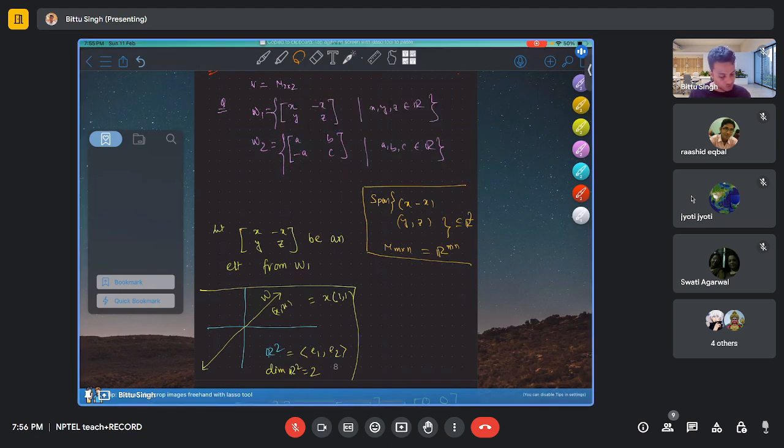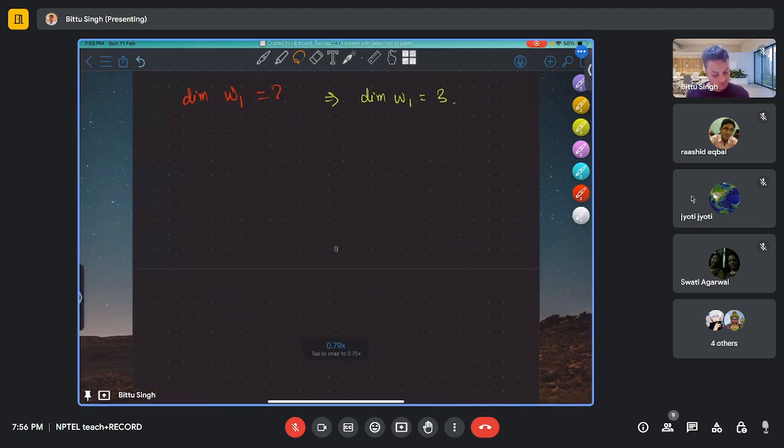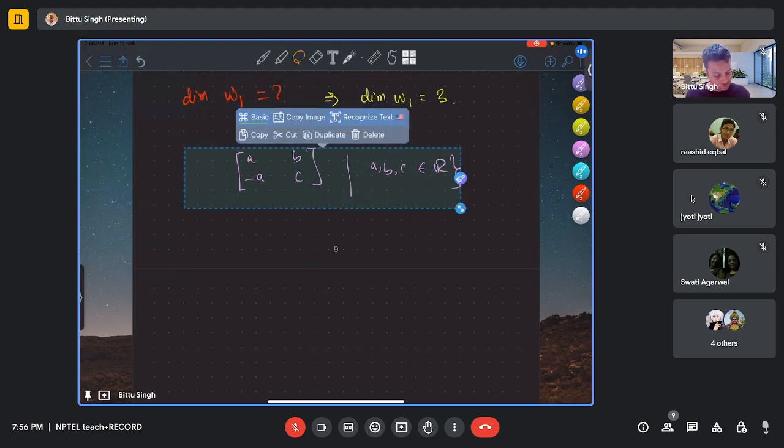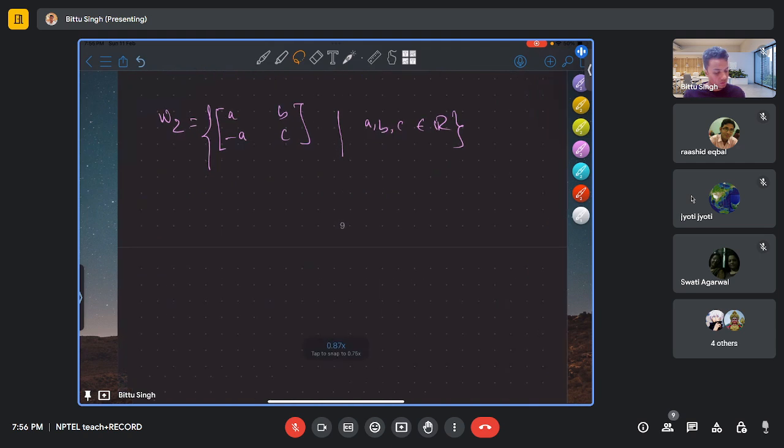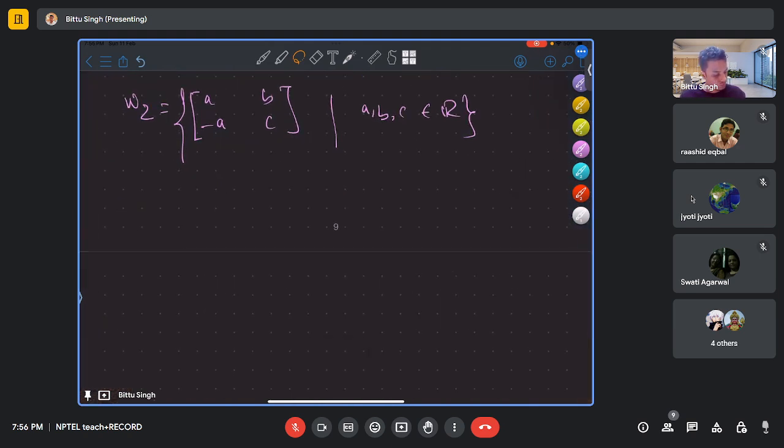Similarly, this is W2. It is easy to check that W2 is the span of those elements.